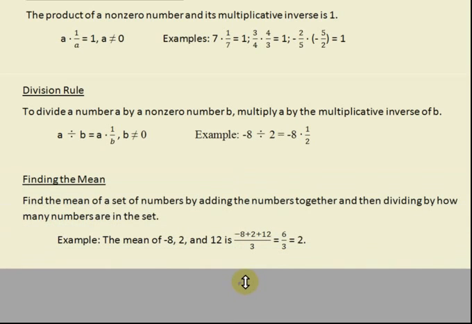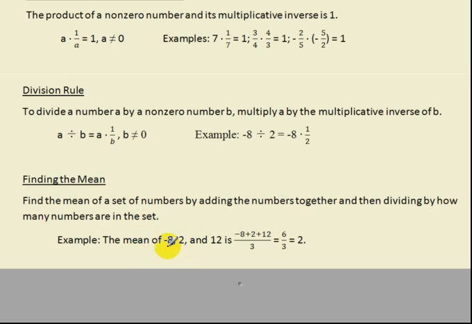Something that shows up along here talking about division is the idea of finding the mean. A lot of times people say average when what they're really talking about is the mean. And of course we find the mean by adding all the numbers in a set together and then dividing by however many numbers there are in that set.